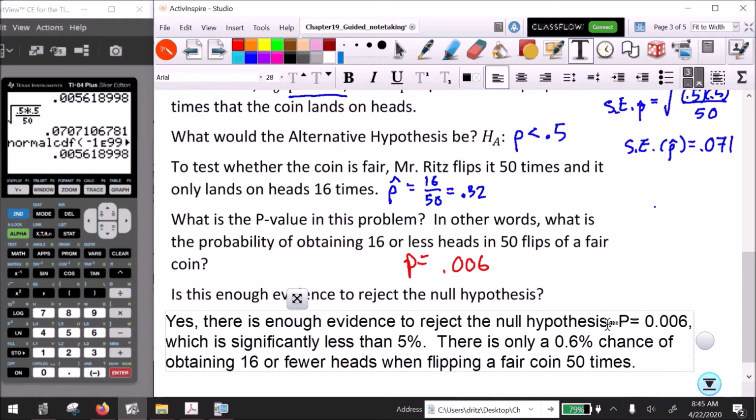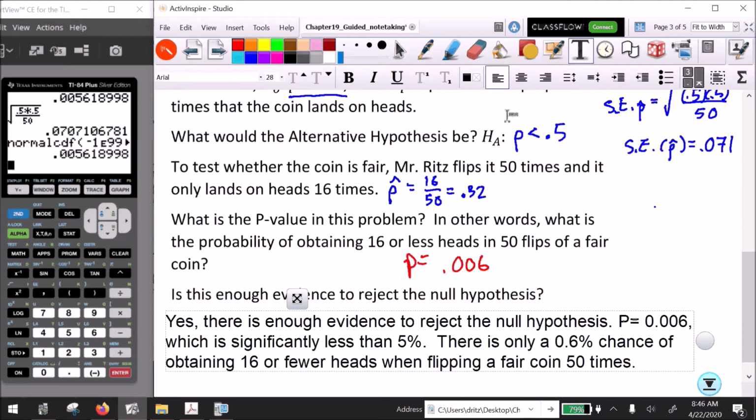So since there's such a small chance of this 16 or fewer heads occurring under a fair coin, there's enough evidence for us to reject the notion that the coin is fair.